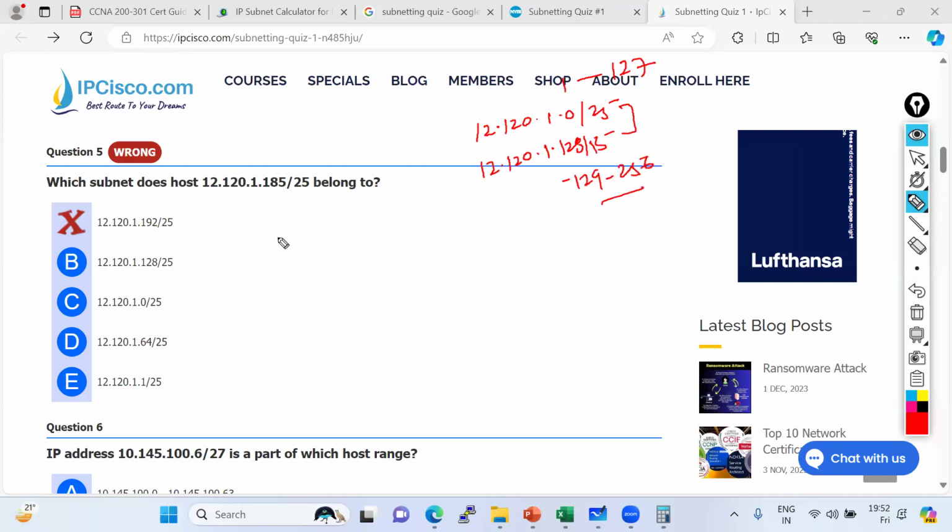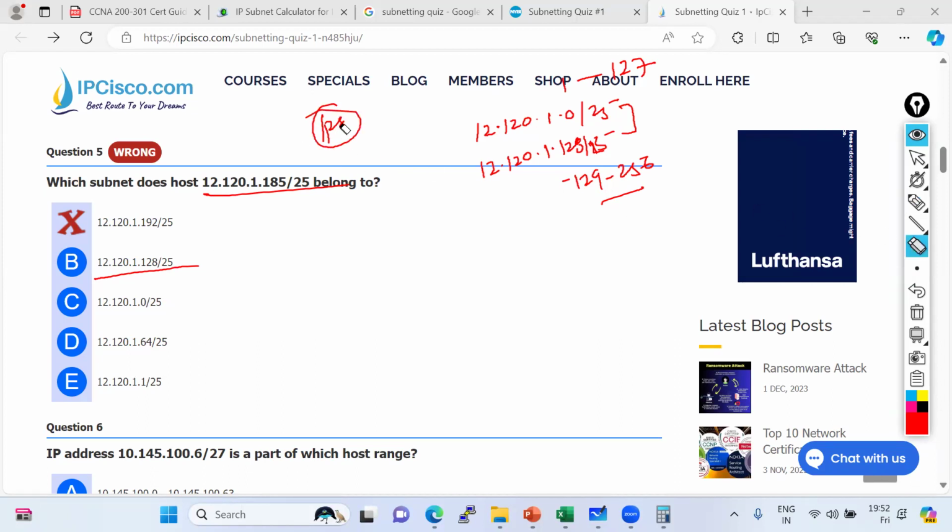So now you tell me which subnet this is going to fall in. 129 to 256, so it should be this one, B. 128, because in the first /25, maximum 128 IPs you are going to get, right?